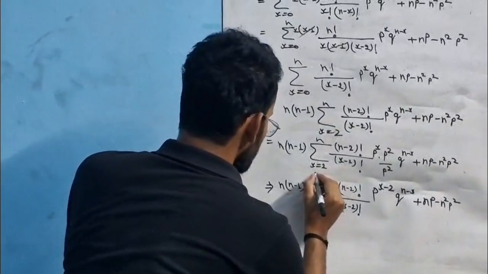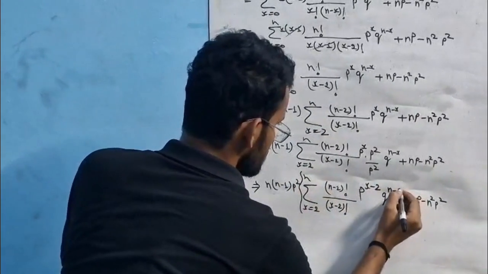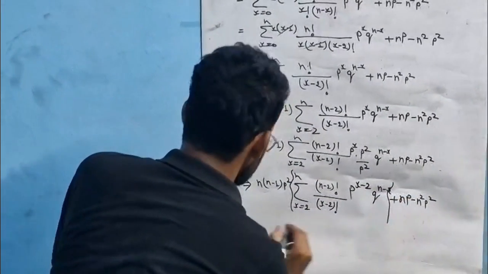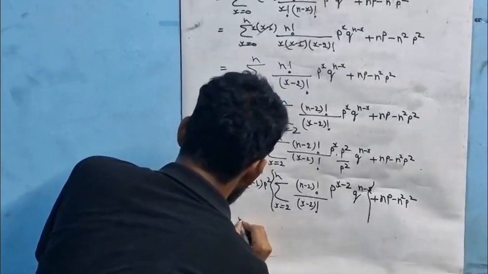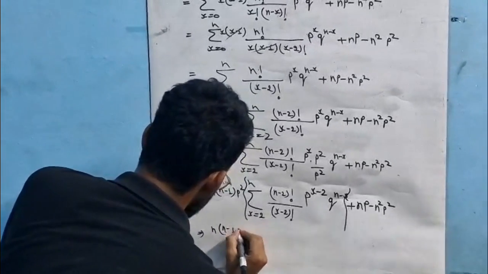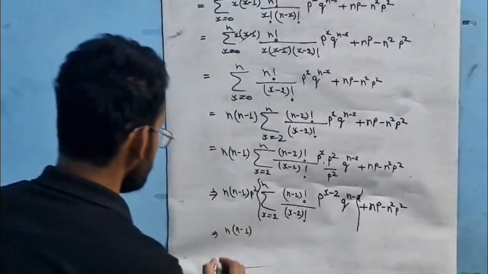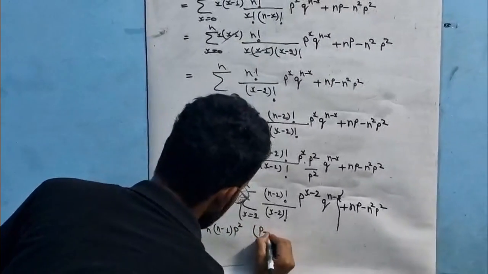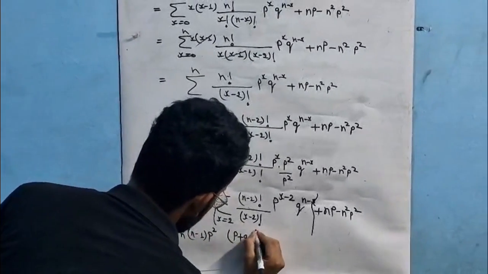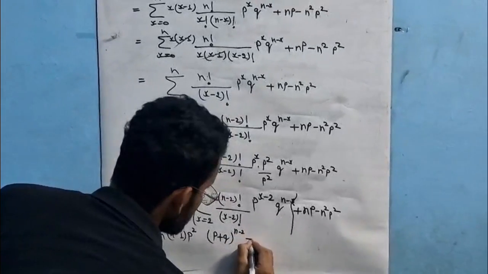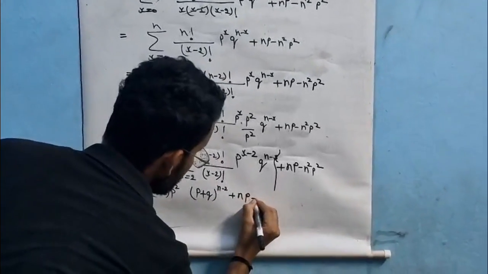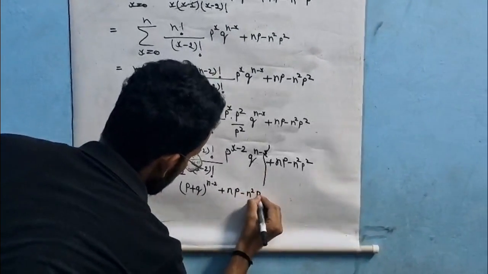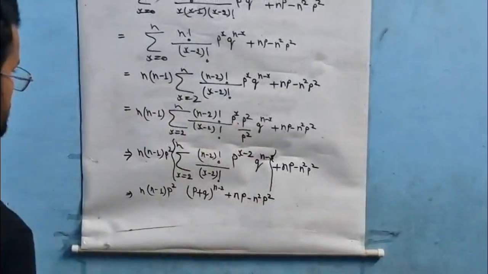The whole expression is an expansion of the binomial theorem. It becomes p plus q raised to the power n minus 2, plus np minus n square p square.